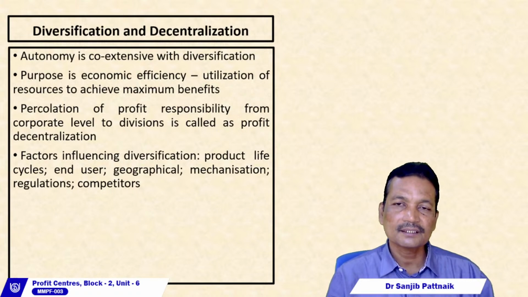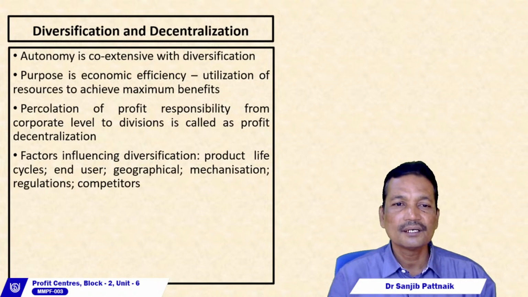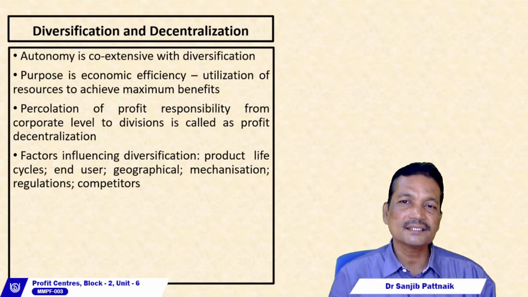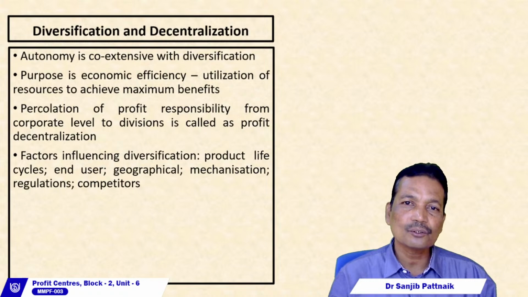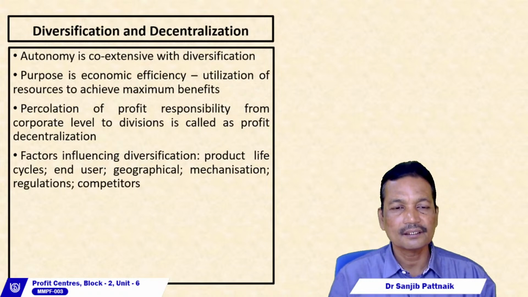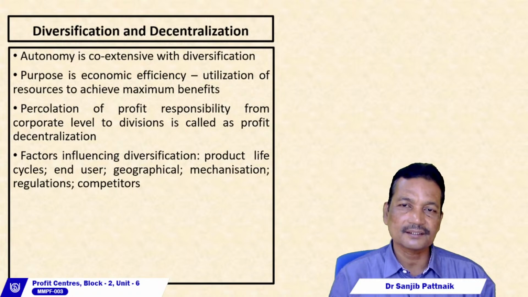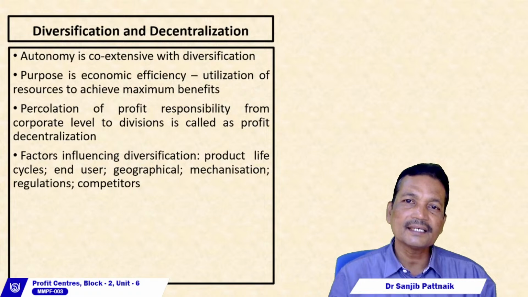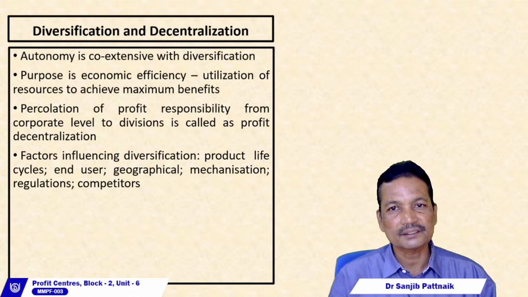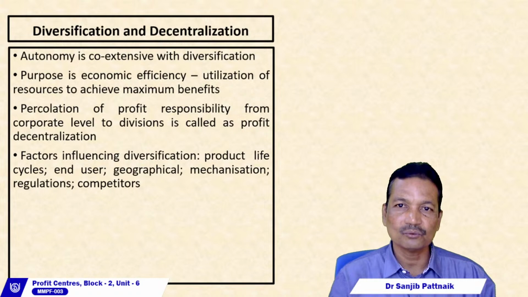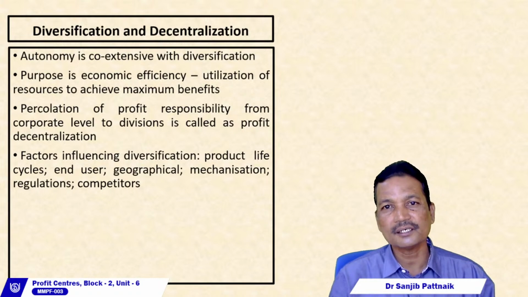So what it means? The first three divisions A, B, C will have to generate a profit of 20 rupees, and the last division D will have to generate a profit of 40 rupees. Now this is what is loaded by the corporate authorities onto the divisional managers. It is percolating downwards from top to bottom. We call this the percolation effect.